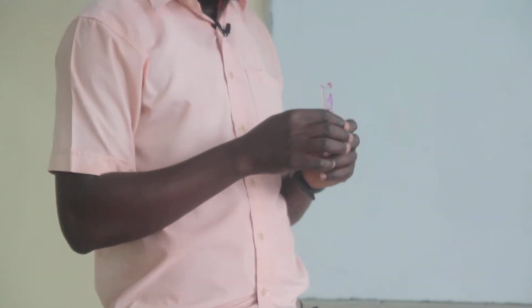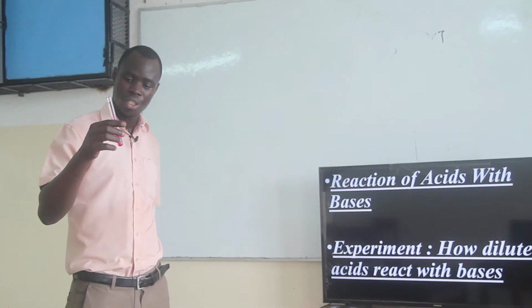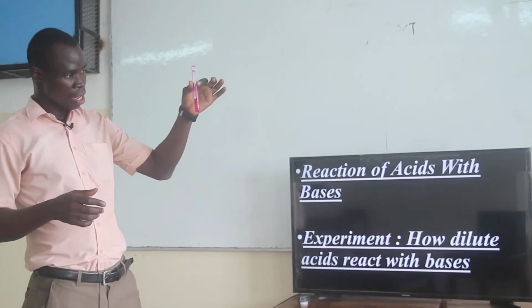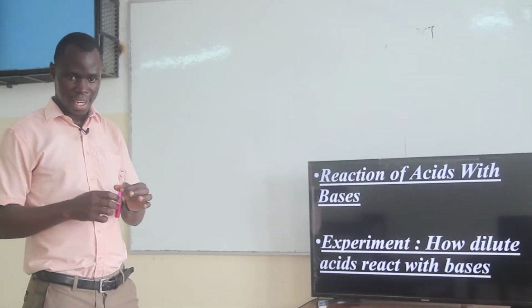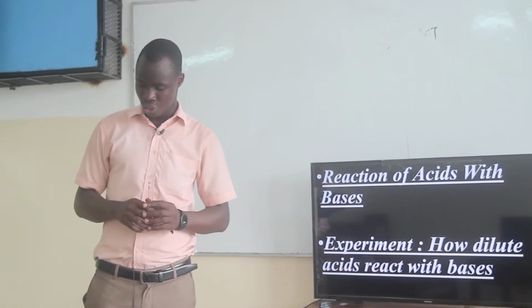Now, this has happened. Now we are going to see the amount that is supposed to make this color change from pink to another color. The point at which the color changes from this color to another color is called the endpoint.